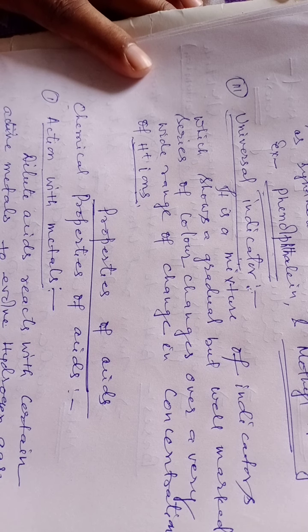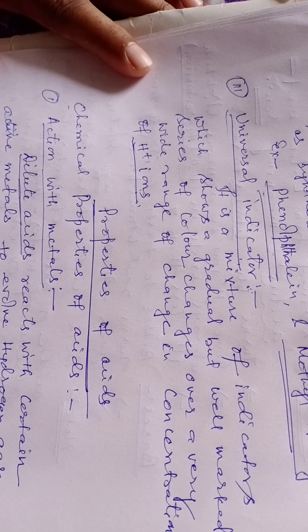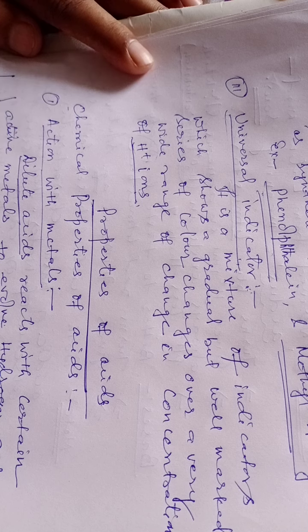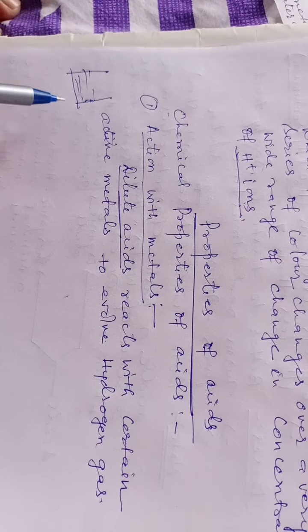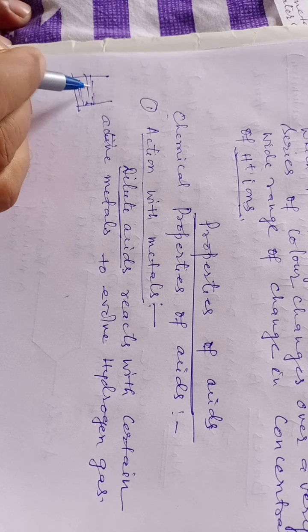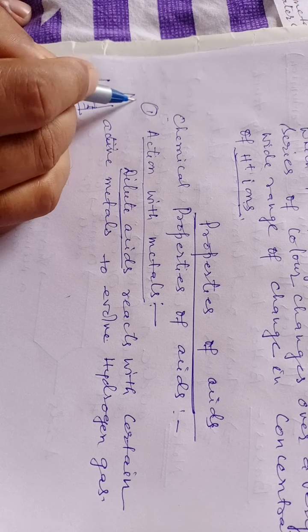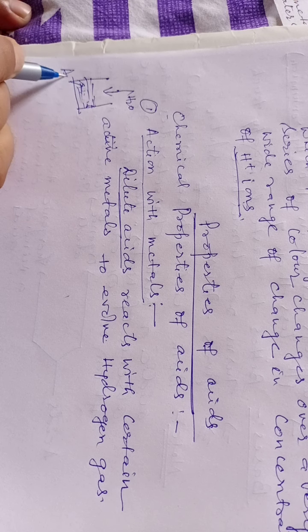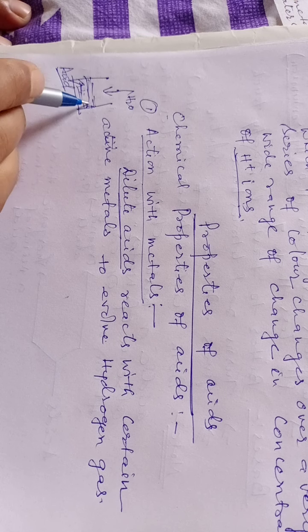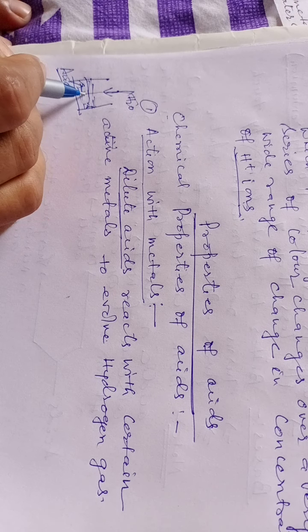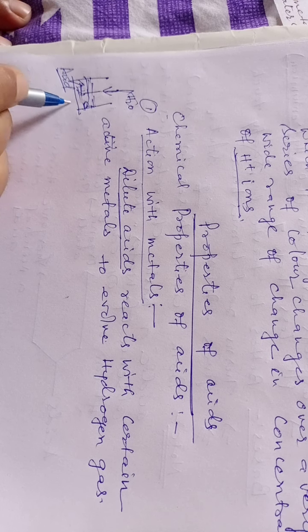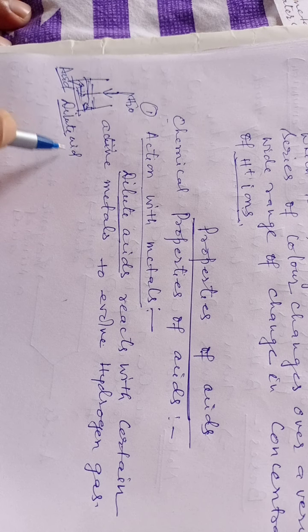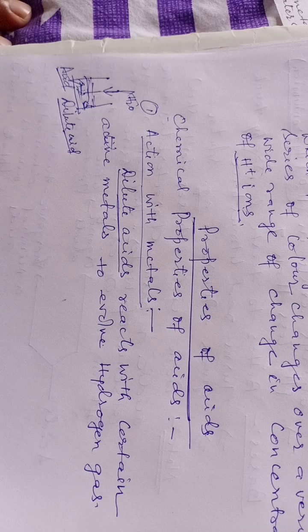What is meant by dilute acid? This is your concentrated acid. When water is added and mixed in them, it becomes dilute. Dilute acid means water mixed acid.